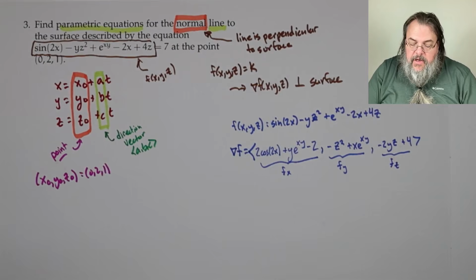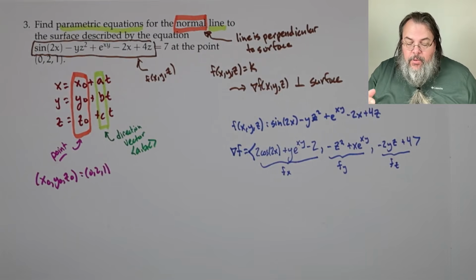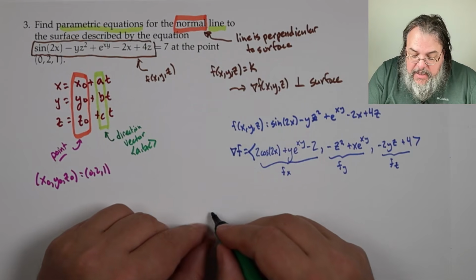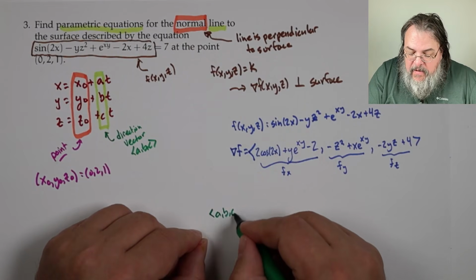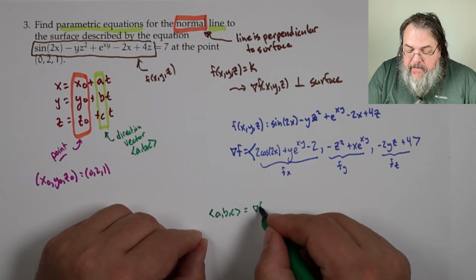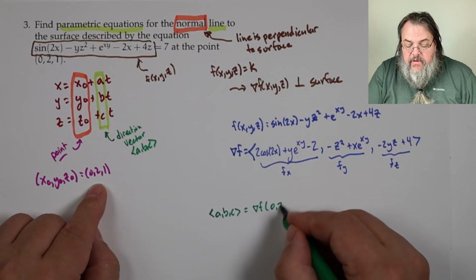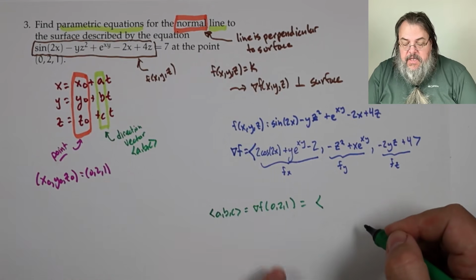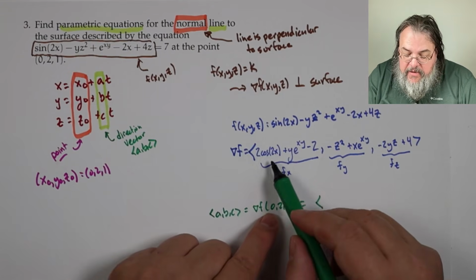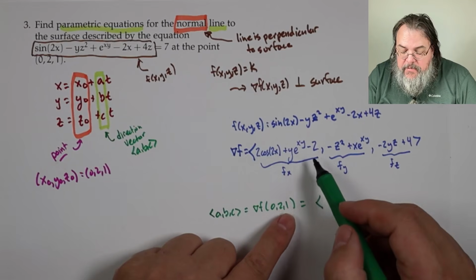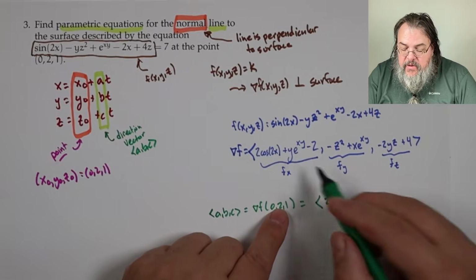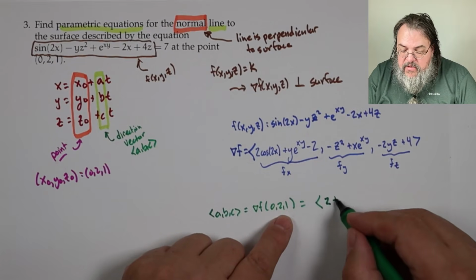So, with our gradient now in place, we're ready to plug in. Our direction, our a, b, c, is the gradient of f at our point 0, 2, 1. So plug in 0 for x, 2 for y, 1 for z. So 2 times cosine of 0 is 2. 2 times e to the 0 is 2.